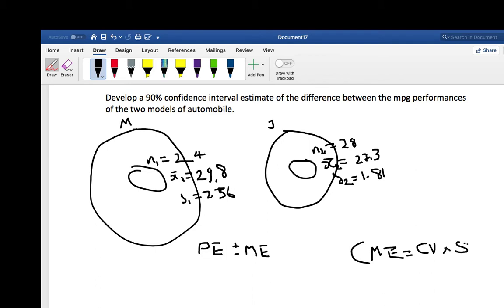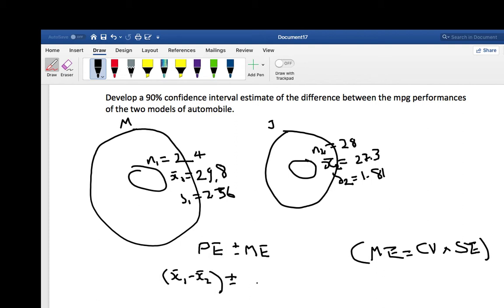Again, in the earlier videos, I told you what the margin of error would be, so it will benefit you to have a cheat sheet with all these results on it. The point estimate is going to be x1 bar. For a two-sample test, it's x1 bar minus x2 bar, and the plus or minus gives the upper and lower limits.